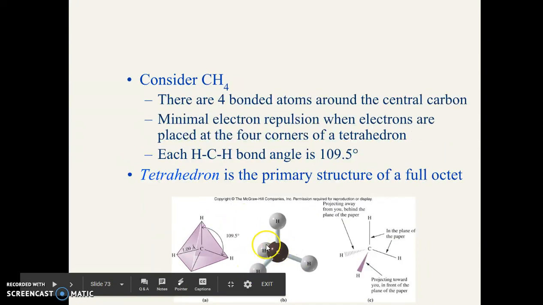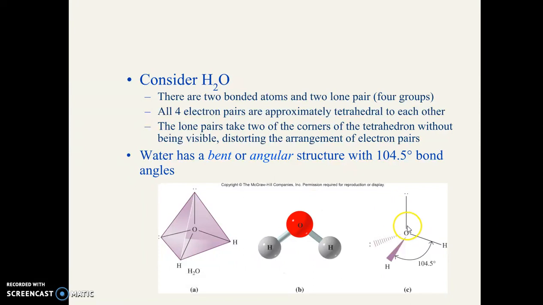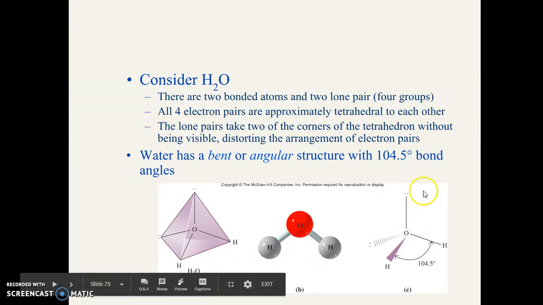So instead of having this type of a structure, these 2 right here are filled with the lone pairs of electrons. You see how it's drawn right here with 1 pair coming up the top, 1 pair going out the back, and all you're really seeing is what's bonded. So this would be what you would actually see: the oxygen bonded to 2 hydrogens.